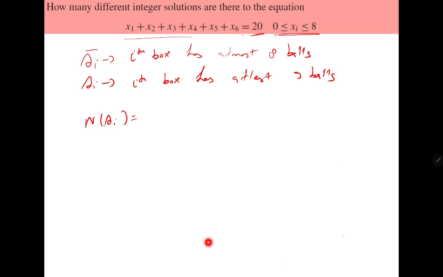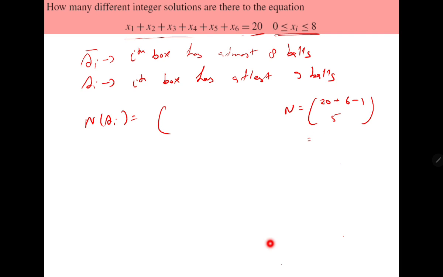So if I have to compute n of ai, it means the ith box has at least 9 balls. First let's compute n. So n is distributing 20 balls into 6 boxes. So r plus n minus 1, so 20 plus 6 minus 1 choose 20, and instead of 20 I can write 5 also, which is the same.